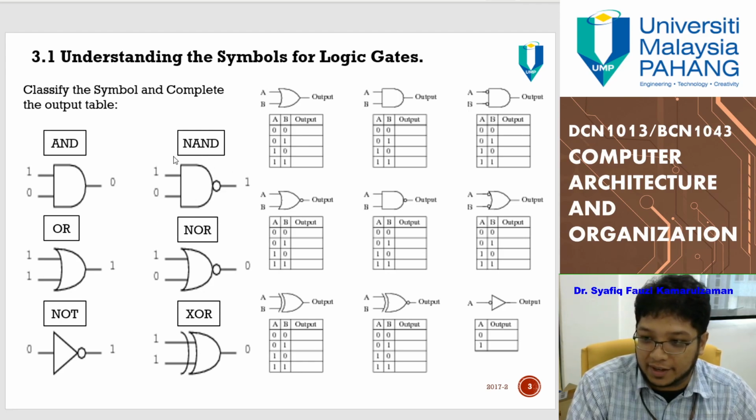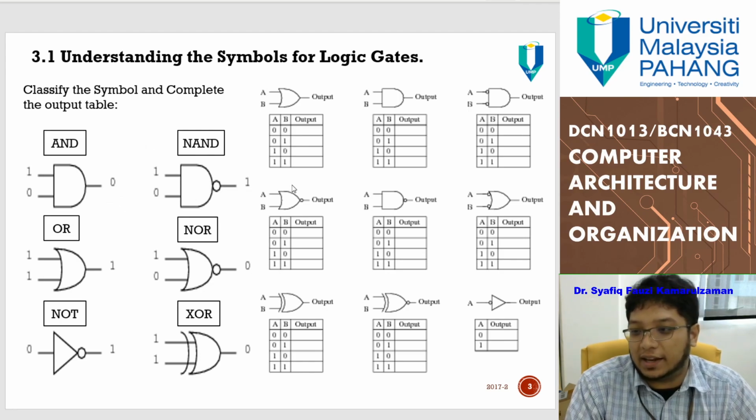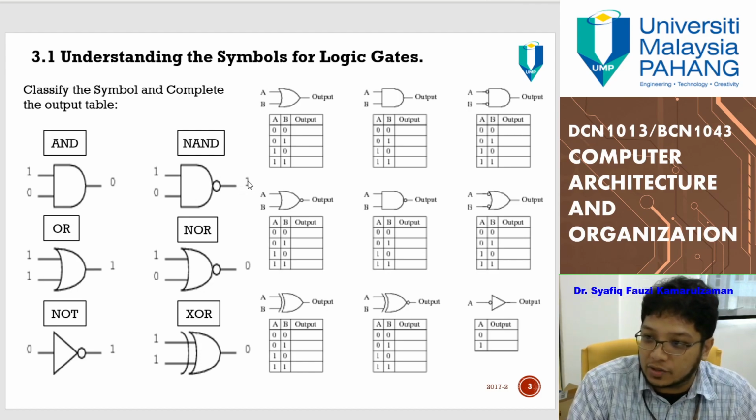So NAND is basically the combination of AND and NOT. They come in as AND first and then exit as NOT. So the result first is 0 and then goes through NOT, so at the end it is 1. It's not going through NOT first and ending up as AND. It's going in as AND and going out as NOT.